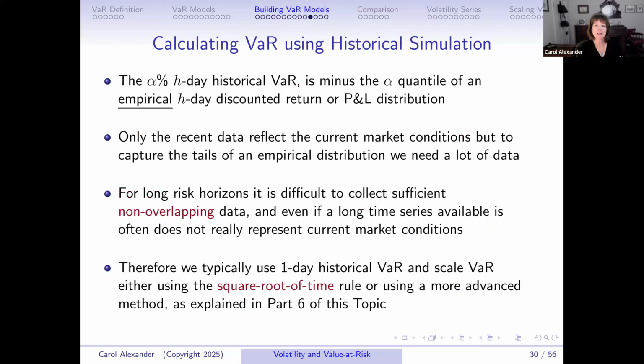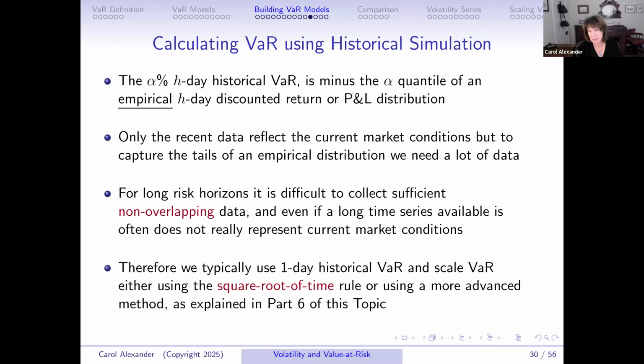What about calculating VaR using historical simulation? Well, the alpha percent H-day historical VaR is just minus the alpha quantile of the empirical H-day discounted returns. Only the recent data reflect the current market conditions, but to capture the tails, we need a lot of data. So that's not very intuitive, really, because it's very difficult to collect sufficient samples, particularly if we want to look at 10-day VaR.